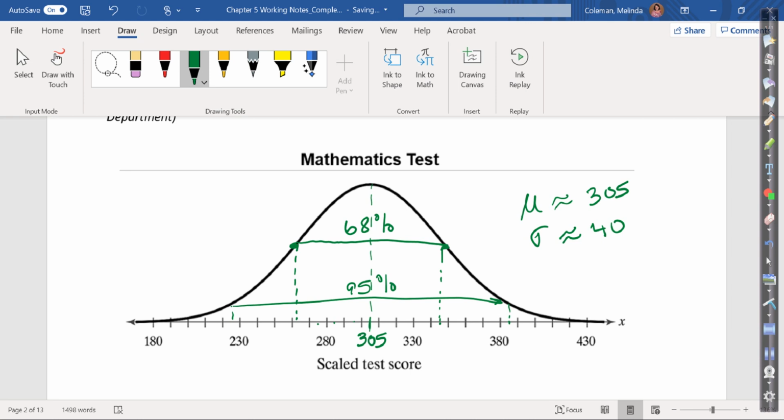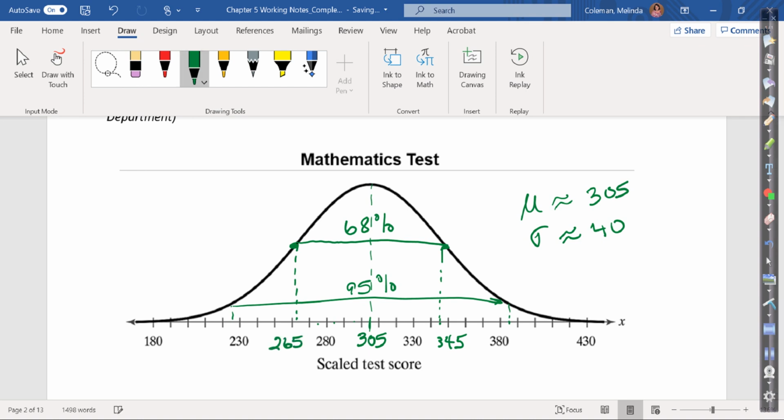So for the student scores in this case, 68% would be between, if we're looking at the standard deviation, so if I add 40 here, we have 345. If I subtract 40 here, we end up with 265.